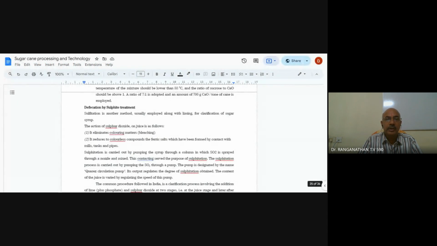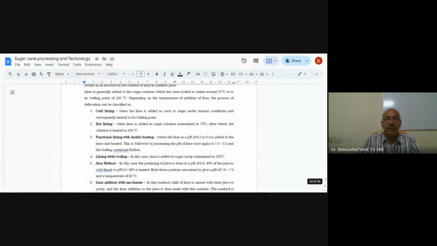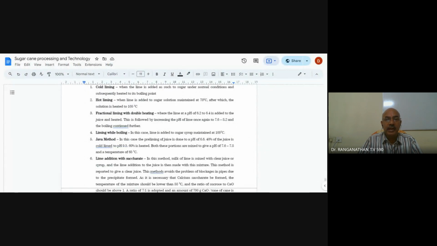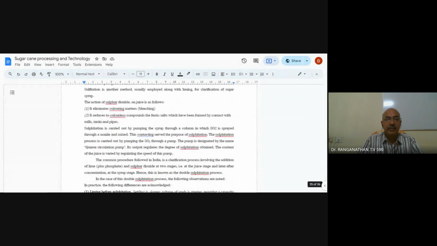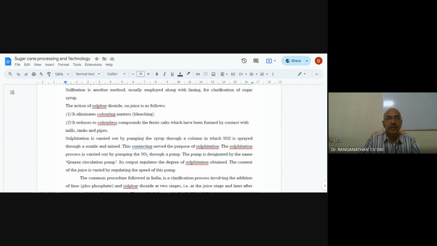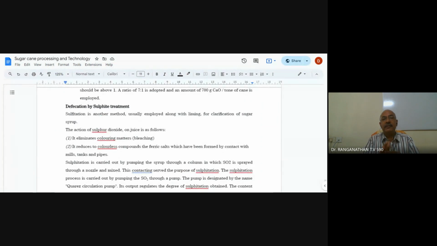So we had seen about the cold liming. Now we'll be seeing about the sulfiting treatment.